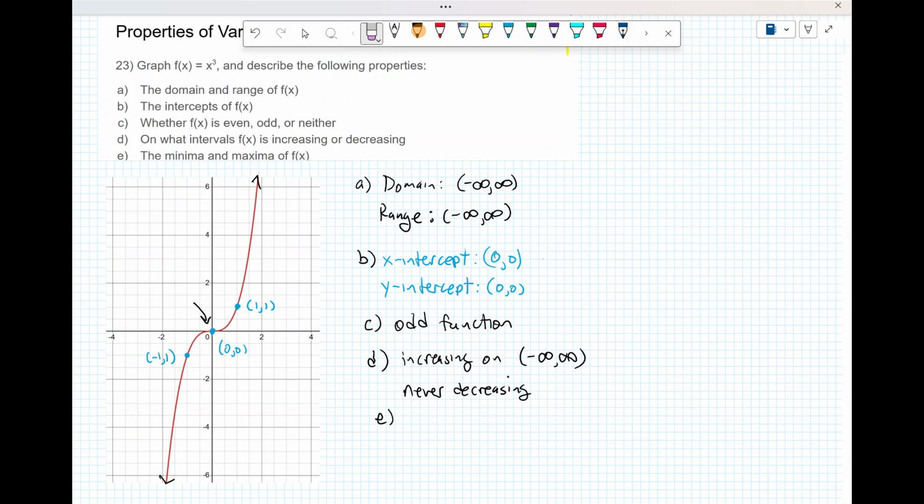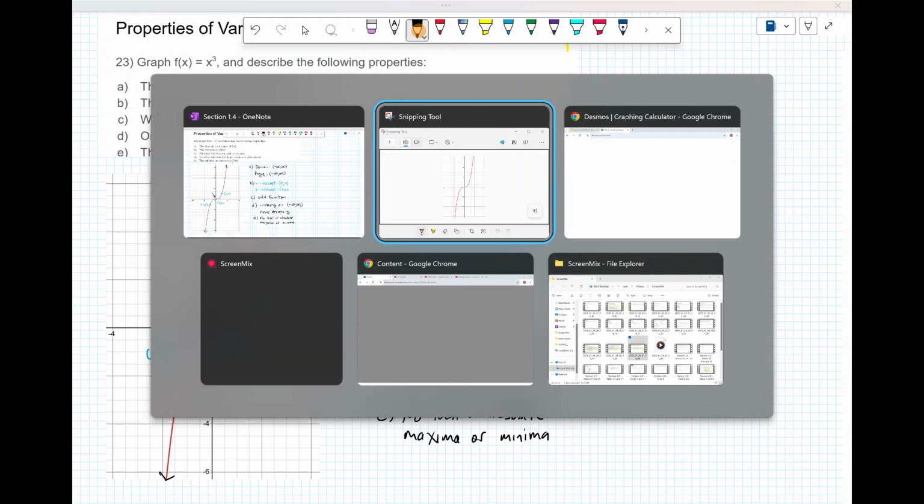All the points to the left of that point are smaller, but all the points to the right of it are larger, so it can't be a local maximum or a local minimum. So there are no local or absolute maxima or minima. All right, so that's x to the third.